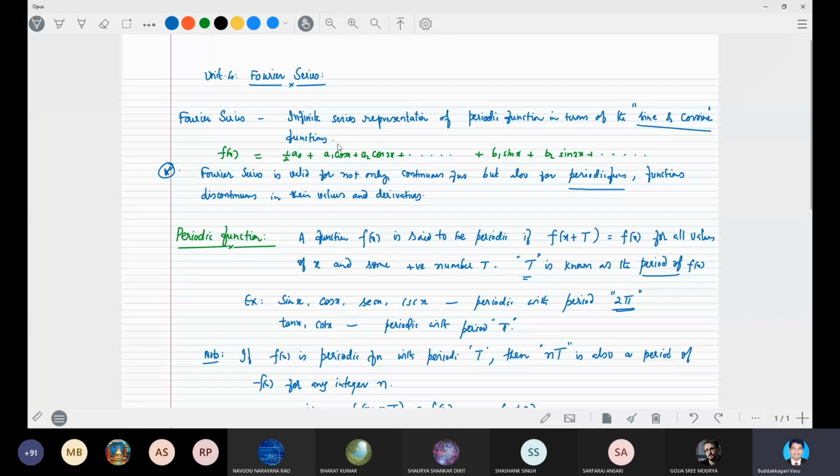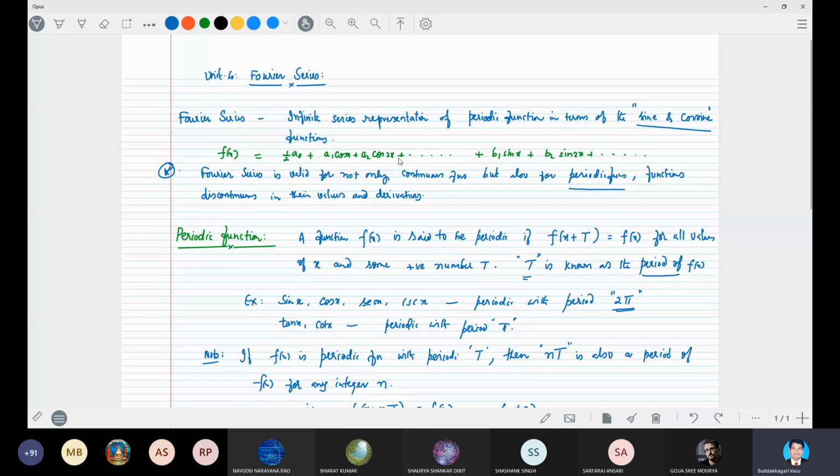Here one must clearly understand that f(x) is any function of x which is periodic. That may be an algebraic function, an exponential function, an inverse function, or a trigonometric function, any function f(x) which can be expressed or represented as an infinite series in terms of sine and cosine functions.